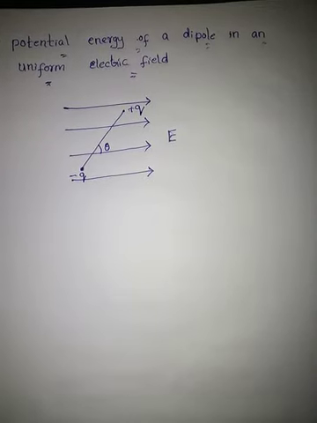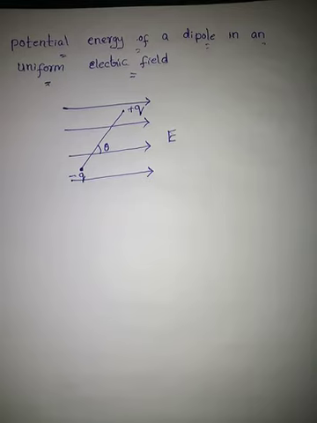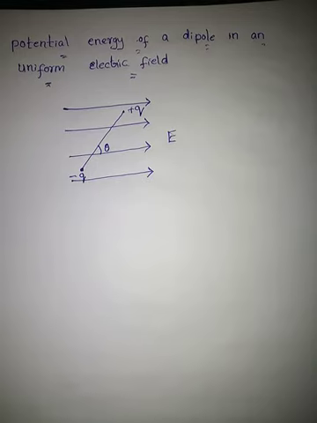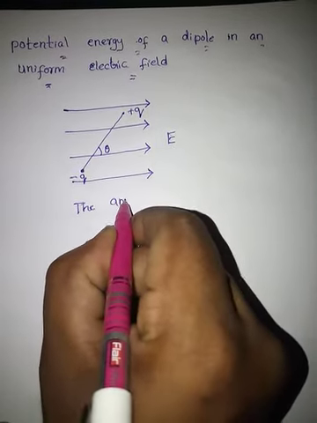Yes, okay. Now the potential energy of a dipole is the amount of work done in rotating a dipole from perpendicular to an angle. So the amount of work done in rotating a dipole from perpendicular to any direction in the presence of an electric field is called what? Potential energy.